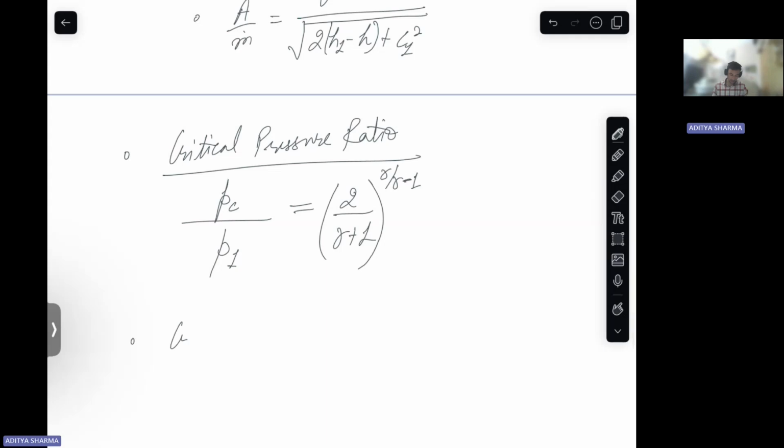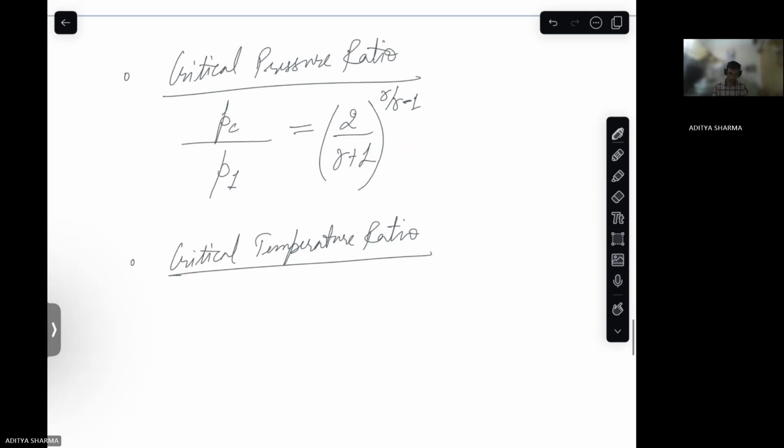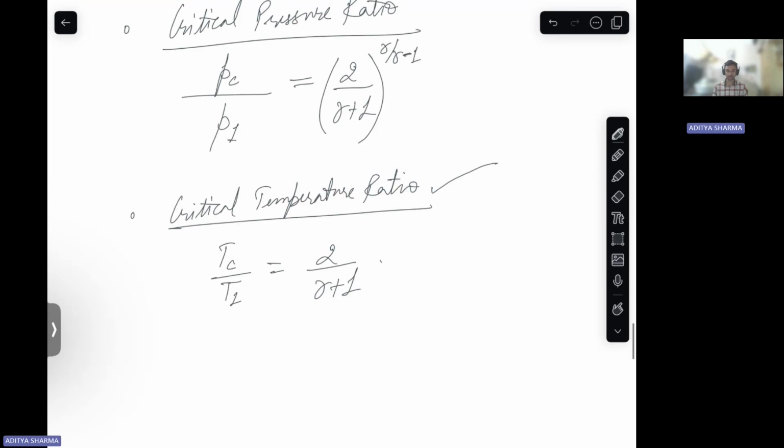For your temperature, the expression is 2 by gamma plus 1. For pressure ratio, this is 2 by gamma plus 1 raised to power gamma divided by gamma minus 1. And for your critical pressure ratio, this is this.